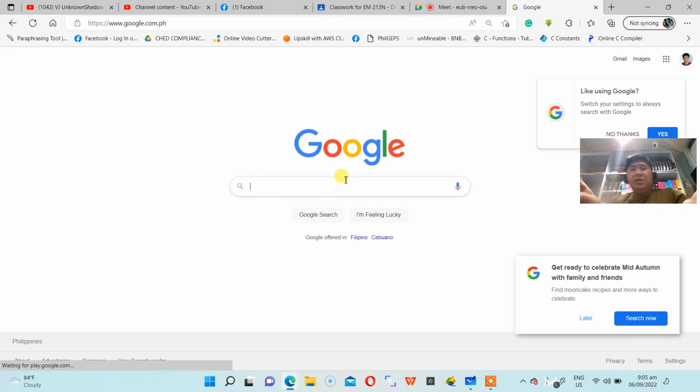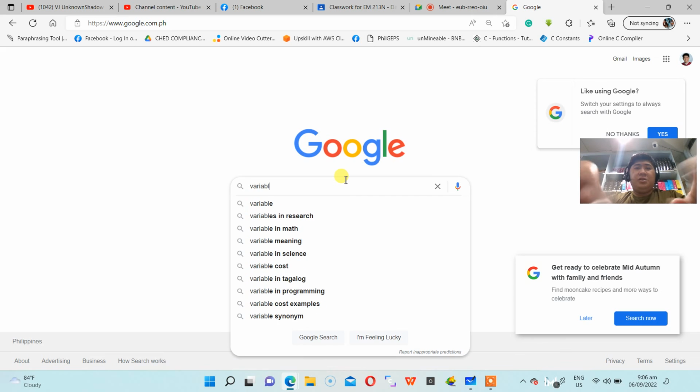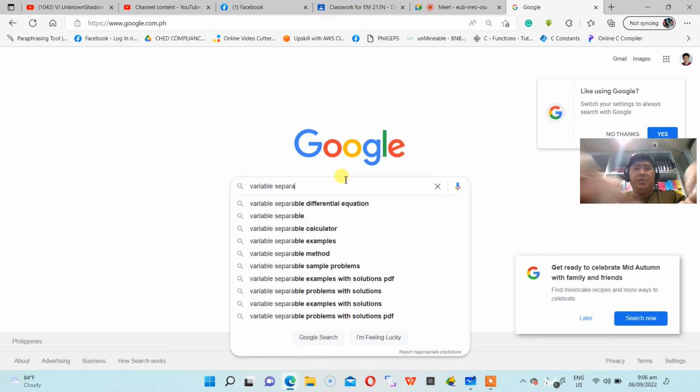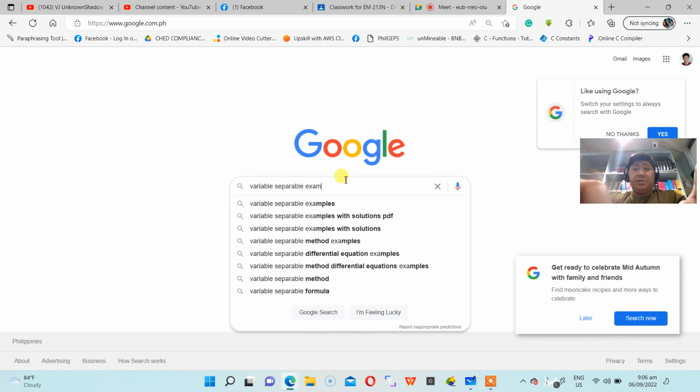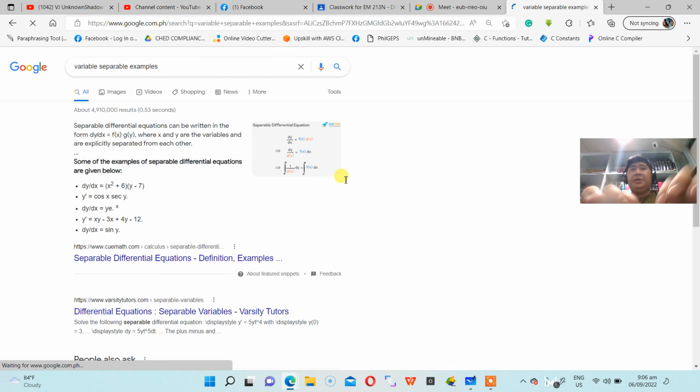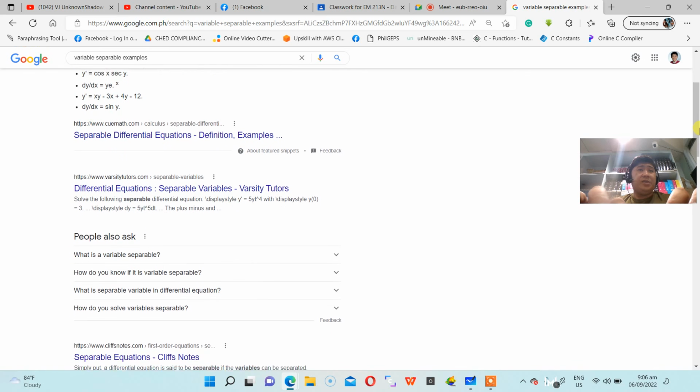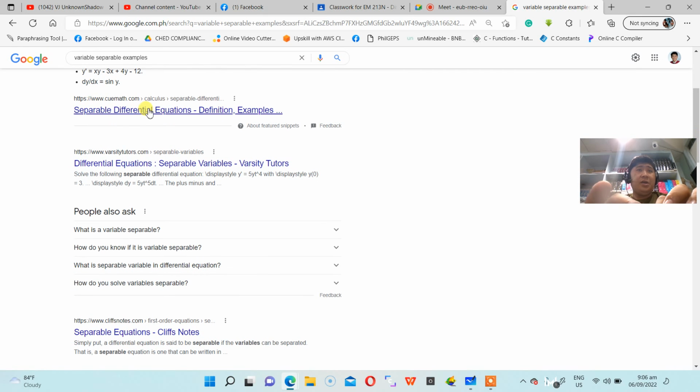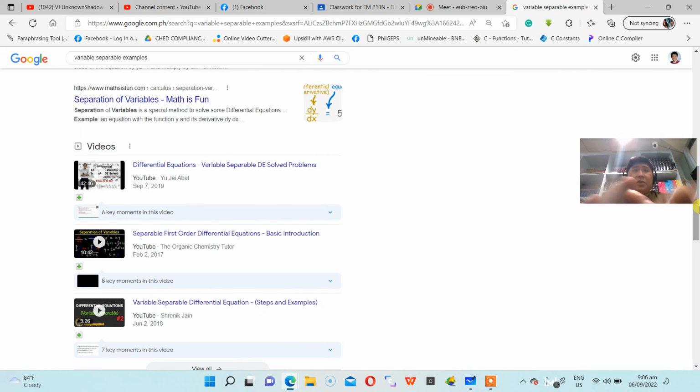Like for example, variable separable examples. Okay. So here there are many sites that you could get. Okay. So here the QMod, the Varsity Tutors, and etc. Okay.